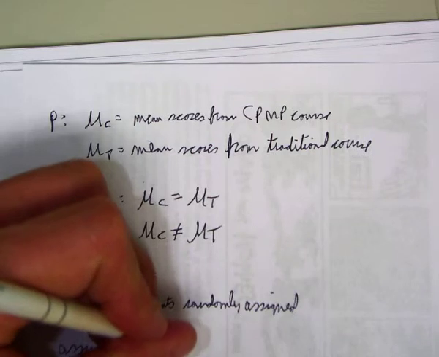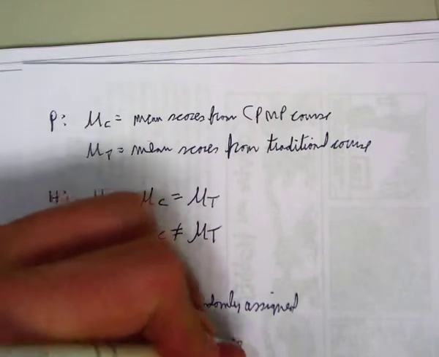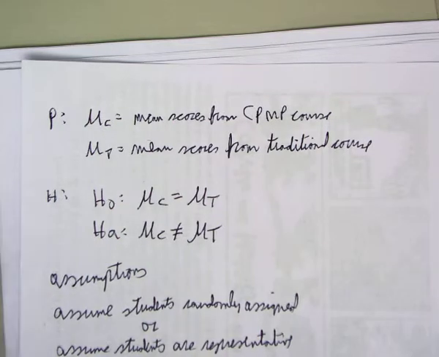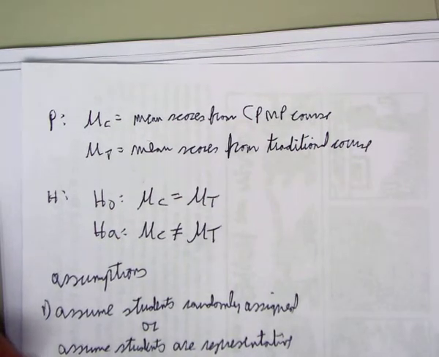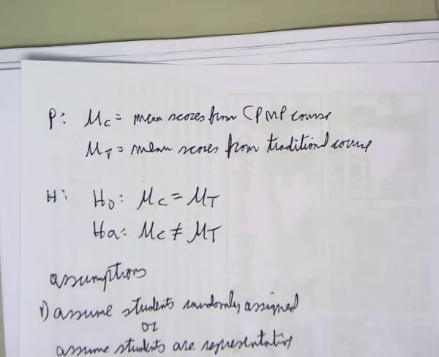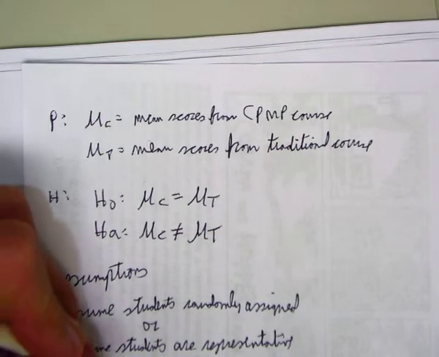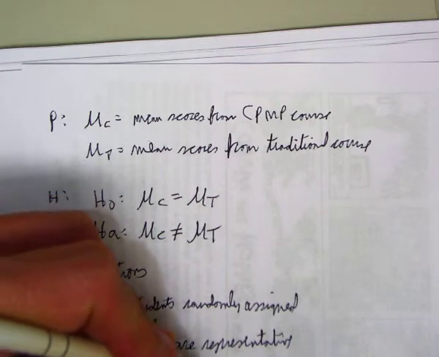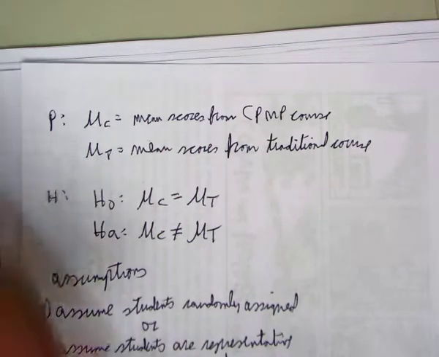Either one is fine. If you're not comfortable with the fact that they might have been randomly assigned, you could choose that one. Independence, in this case, we would say the samples are independent. So the CPMP course is independent from the traditional course.